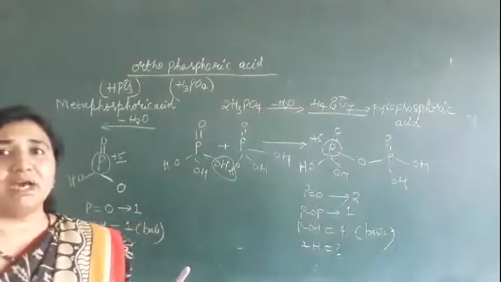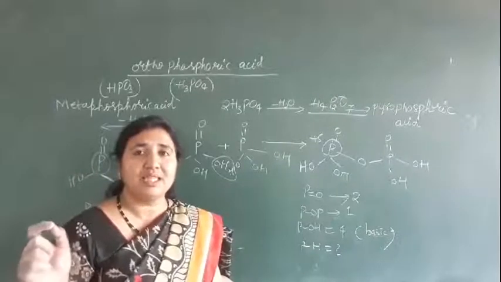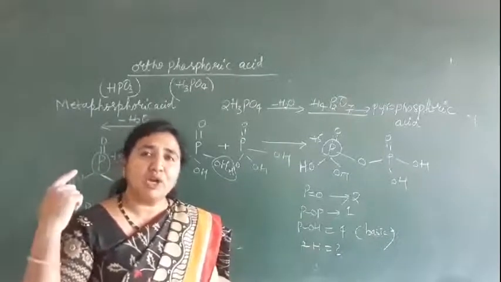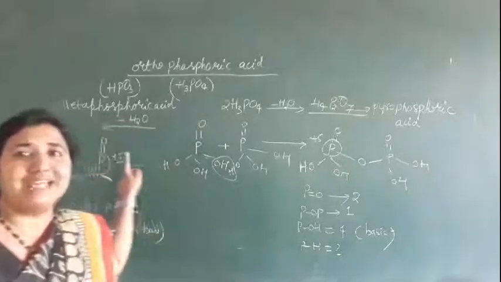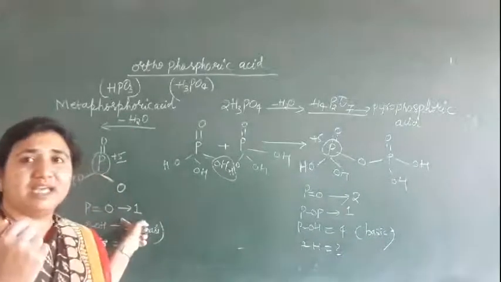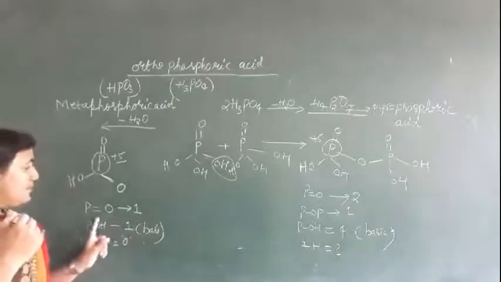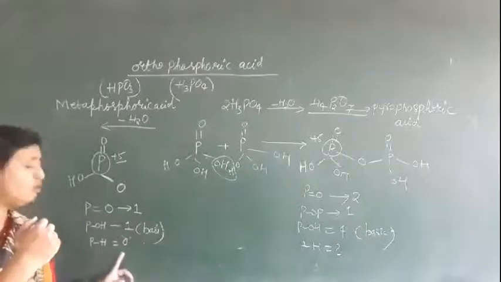So basicity and all, this is the trick to remember it. How will you remember? First phosphoric acid H3PO4. In that remove a water molecule, then you will get HPO3 here. That is called metaphosphoric acid. In metaphosphoric acid POH bonds are 1, P double bond O bond 1 and no PH bond.